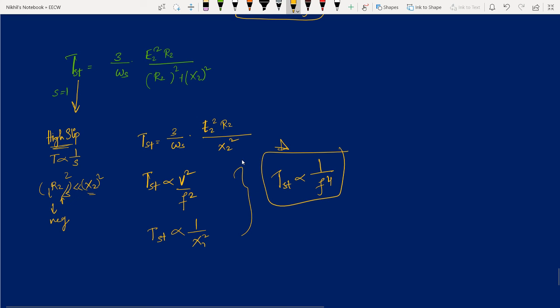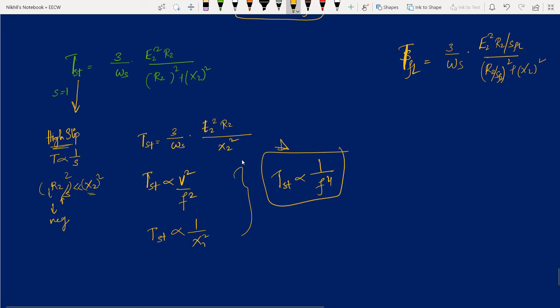And if you think about full load torque, T FL, torque at full load condition. At full load condition, what will be the value of torque? T FL is nothing but 3 by omega S, again E2 square into R2 by slip at full load, by R2 by slip at full load whole square plus X2 whole square.